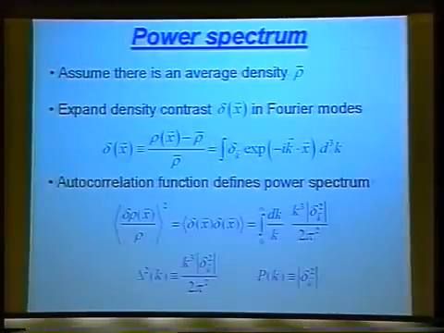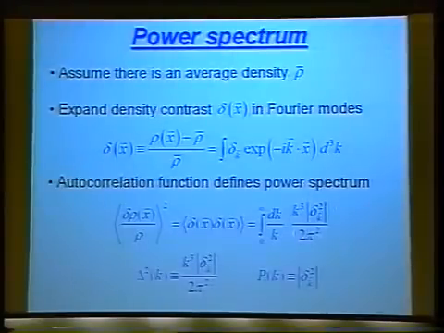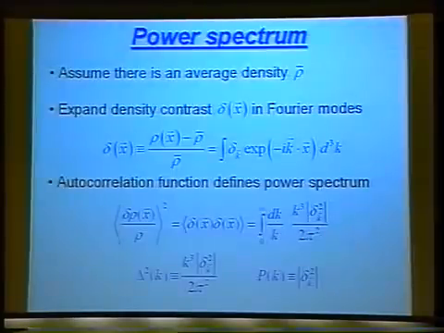Now, if we form the autocorrelation function, the two-point correlation function of the density field, then it depends upon an integral over wave number of delta of k squared. Written in this way, the power spectrum, k cubed delta of k squared over 2 pi squared, is the amplitude per logarithmic interval in k of the fluctuations.